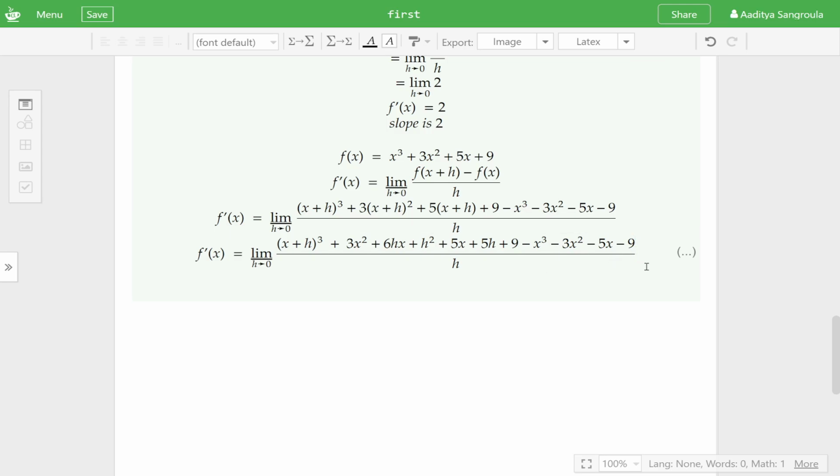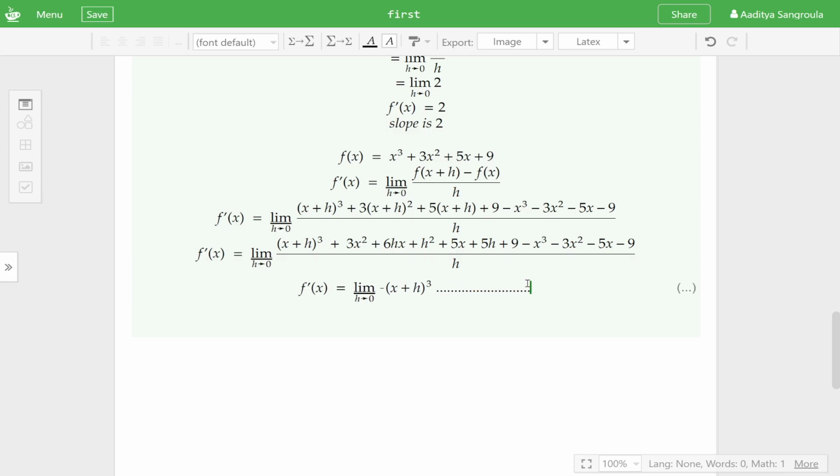A few things will get cancelled now, but not all of them. If you do it this way and just keep on doing it, you will eventually end up with some value, but I think it's going to be very long to do.